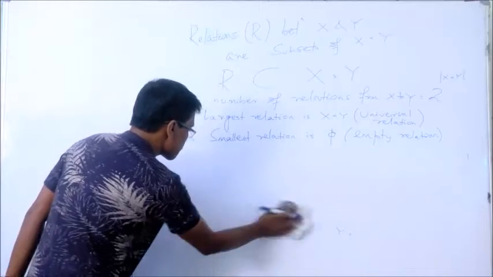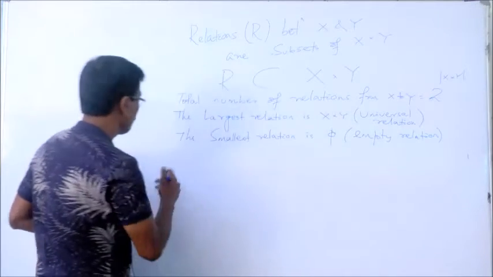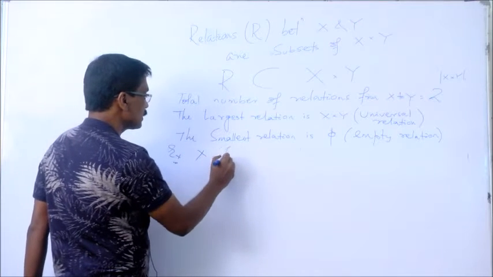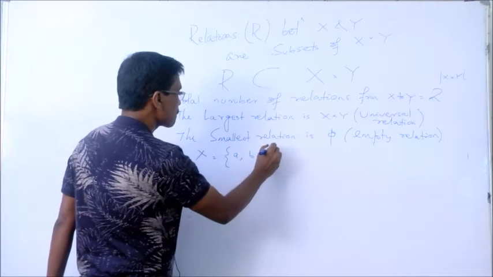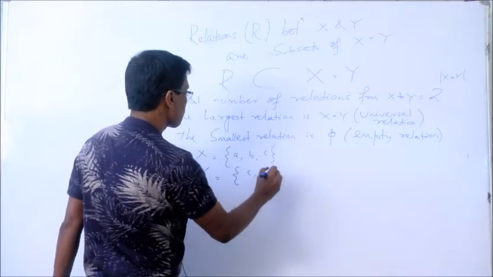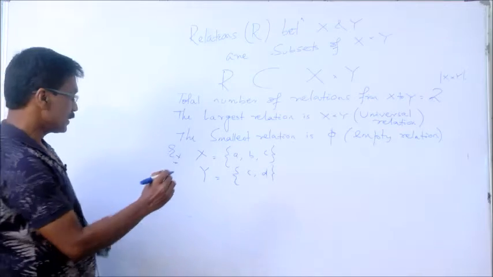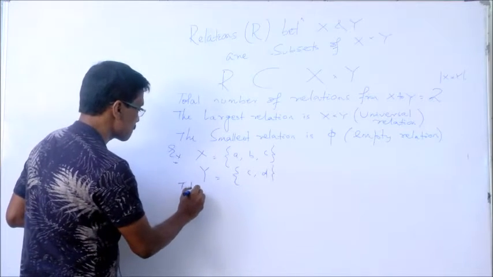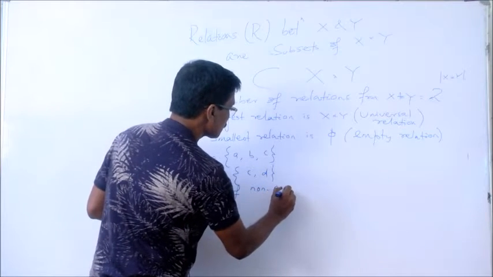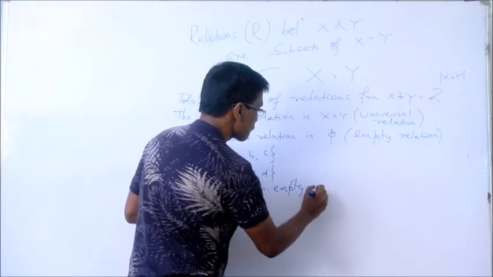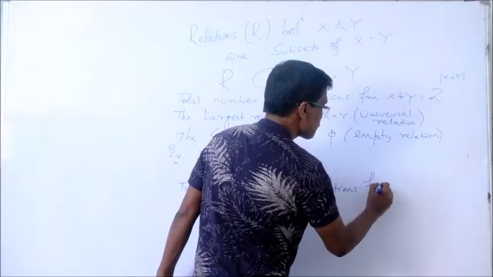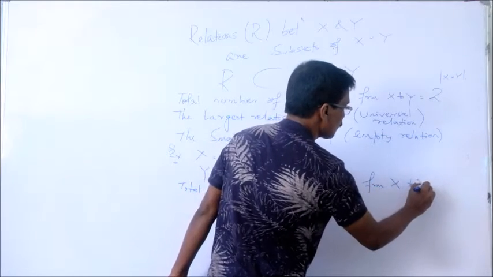Suppose we take one more example, say X set is equal to {a, b, c}, Y set is equal to {c, d}. So, what is the total number of non-empty relations from X set to Y set?